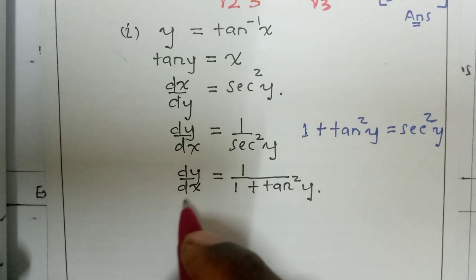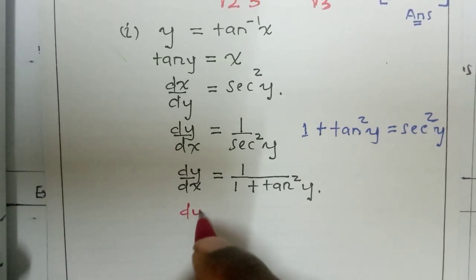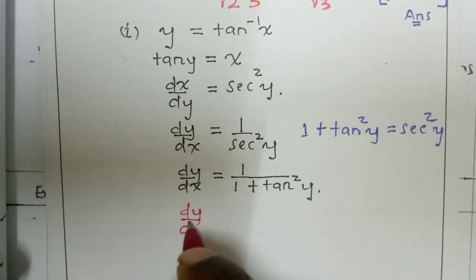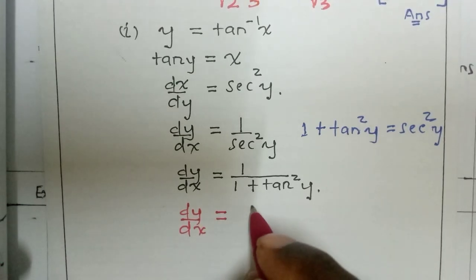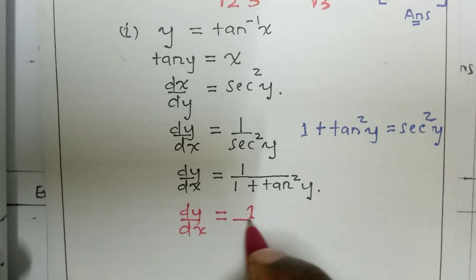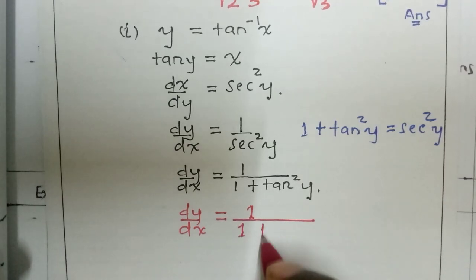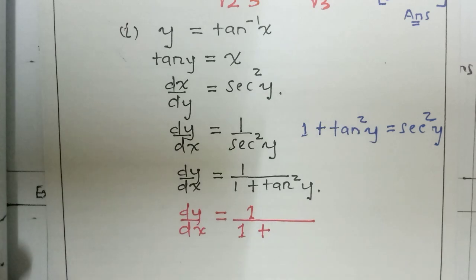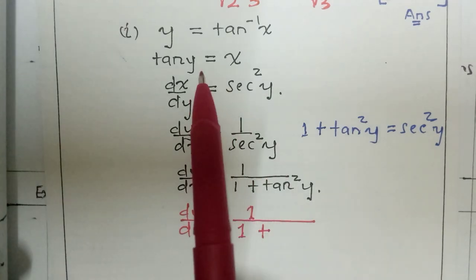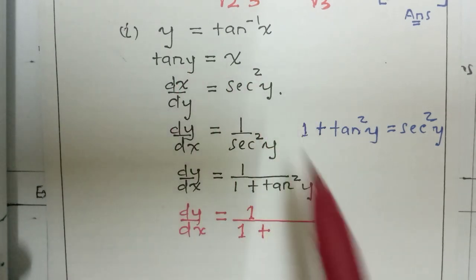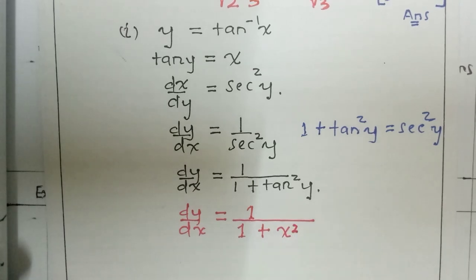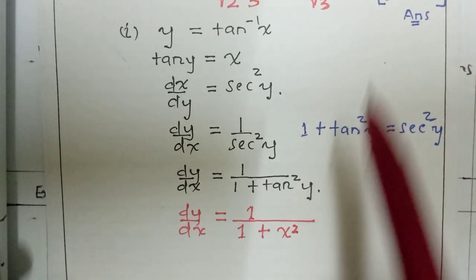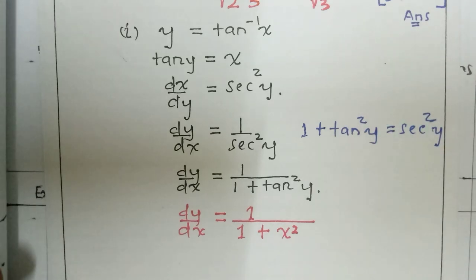So finally we shall have dy over dx being equal to 1 over 1 plus tan squared y, because our tan y is equal to x, so you have x squared. So that is what we were supposed to find as our answer.